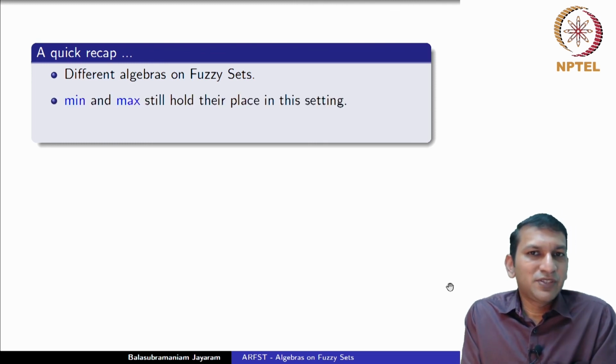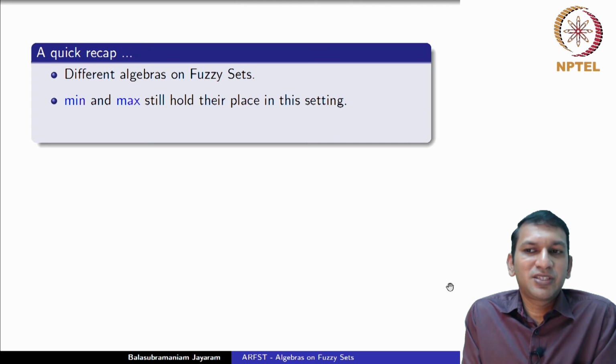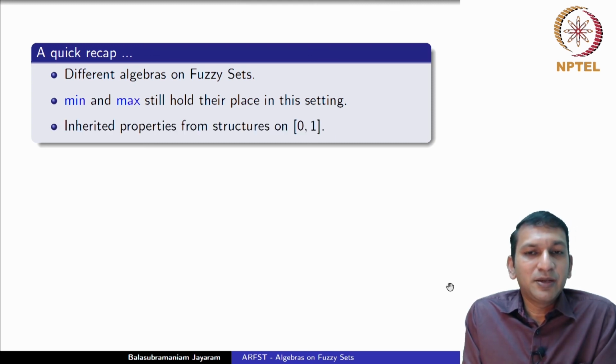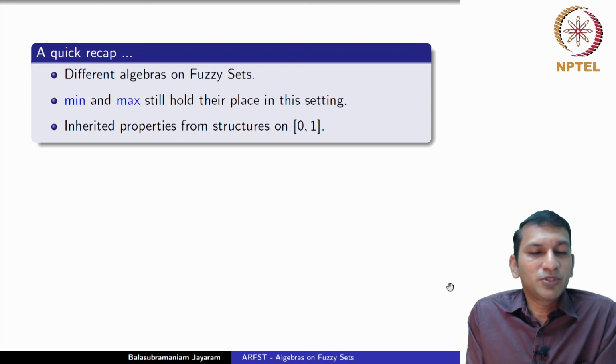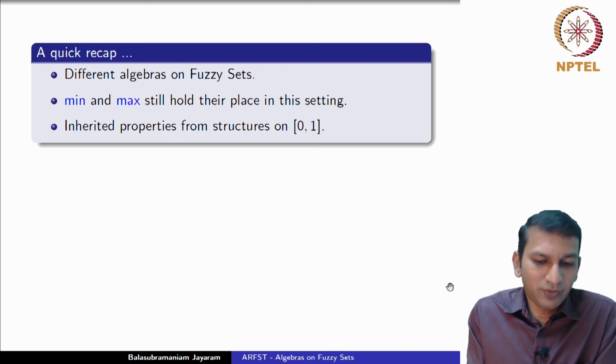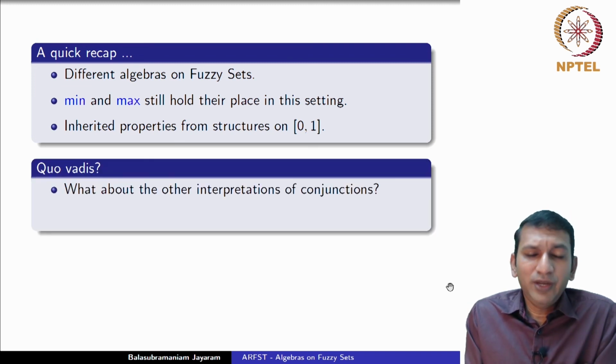Once again, we have seen that min and max still enjoy their place in the setting, and many of these results were possible because we were inheriting the properties from structures that are available on 0, 1. Where do we go from here? What about other interpretations of conjunctions?